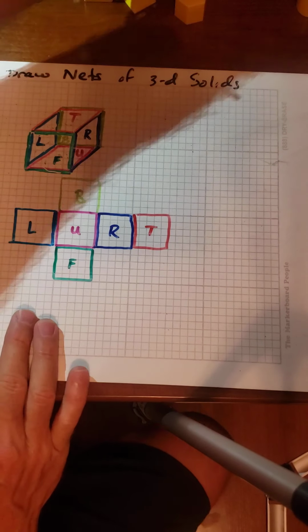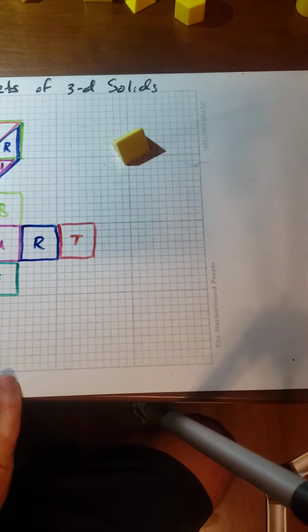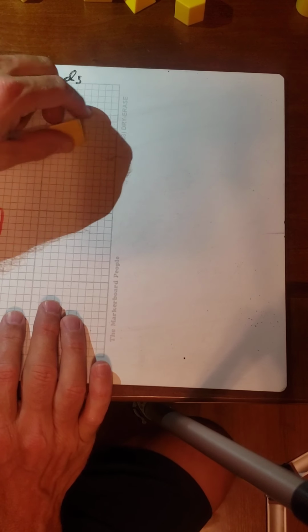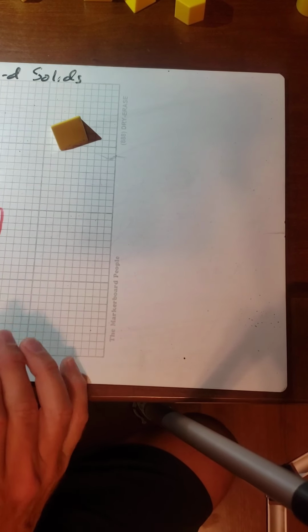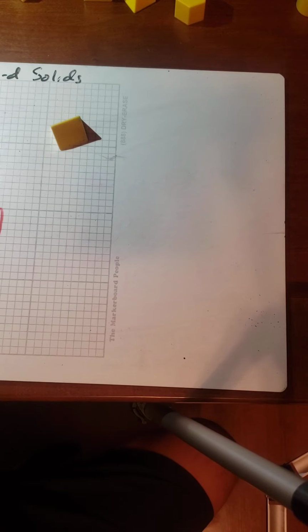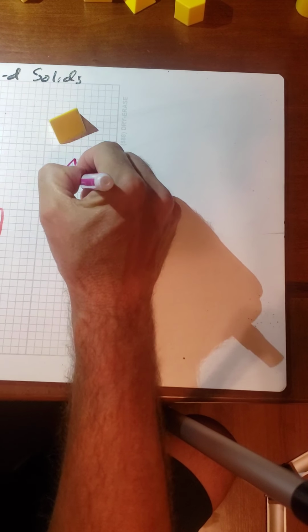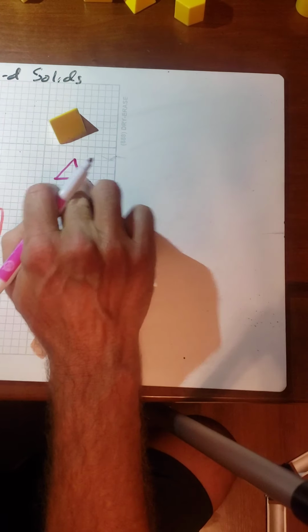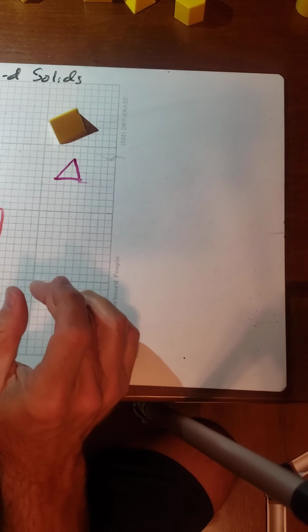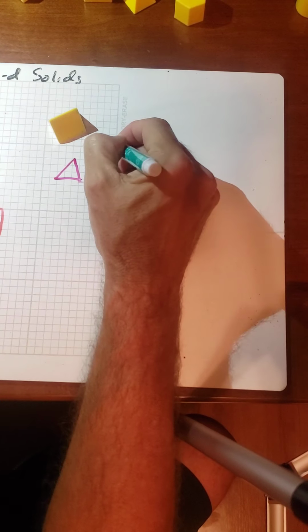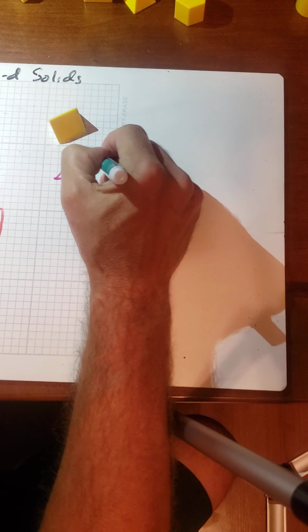Okay, so now I'm going to do this one, which we would call a triangular prism. Okay, so the first thing I'm going to do is draw my front and my three-dimensional shape. Okay, so there's my front base. And then here's my back base.